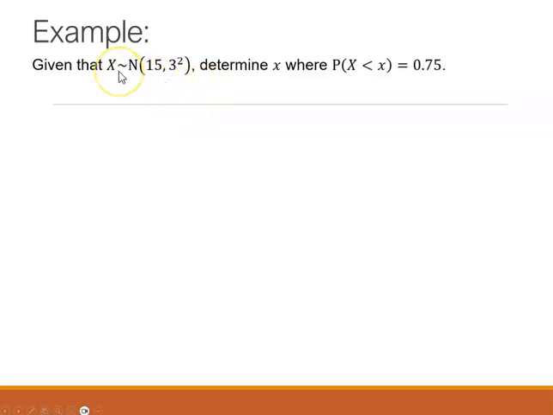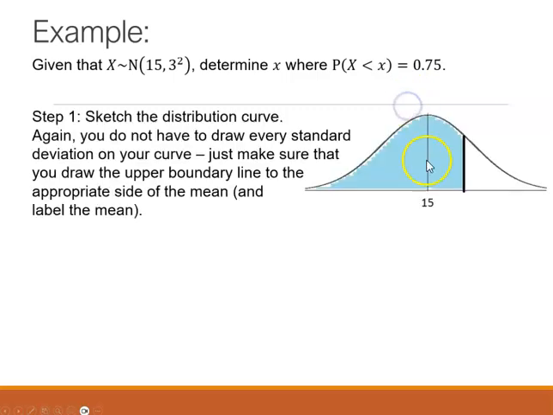Okay, so it says given that x is normal with a mean of 15, standard deviation of 3, determine x where the probability that x is less than x is 0.75. Again, I'll sketch a little picture. I don't need to necessarily get all my standard deviations in there. I just want this to look like about 75%.